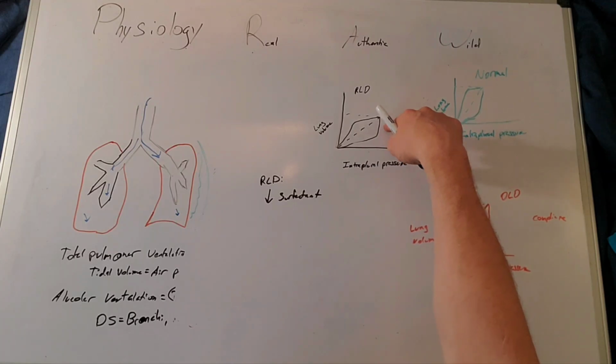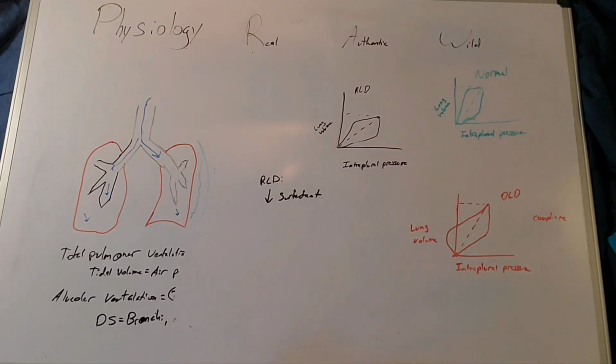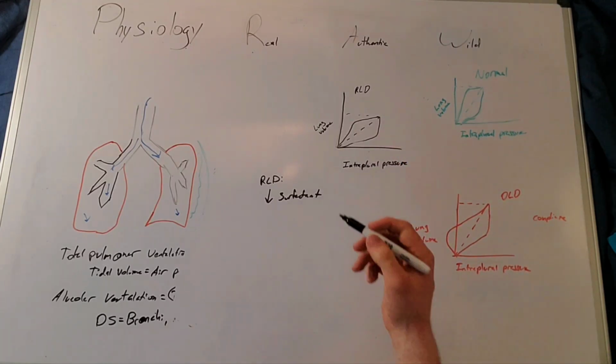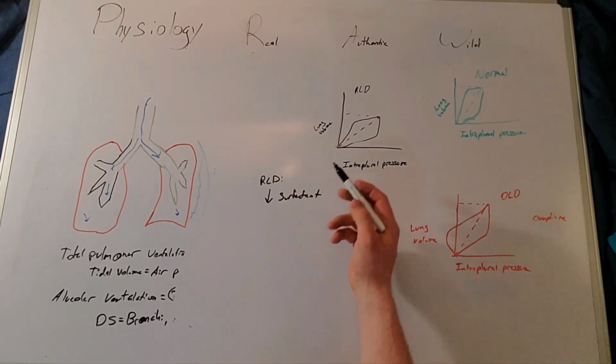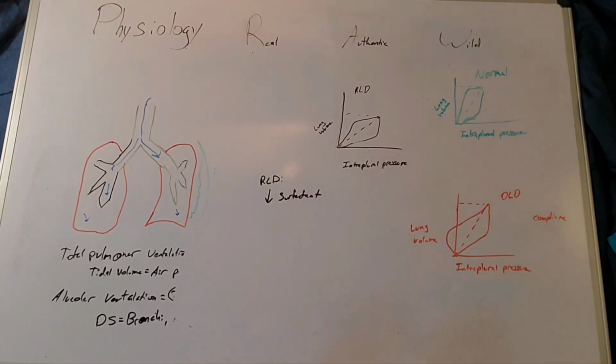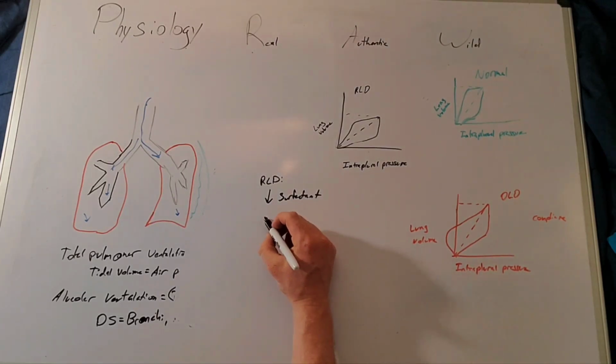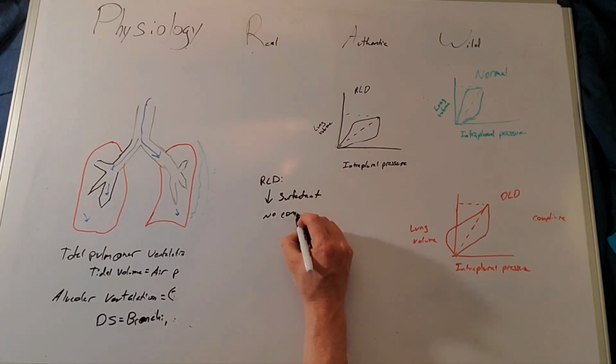More pressure to get that lung to finally fill up a little bit. And so this is characterized by struggling, deep breaths. You really have to put effort to get air into your lungs. So we could say that it lacks compliance, so no compliance.